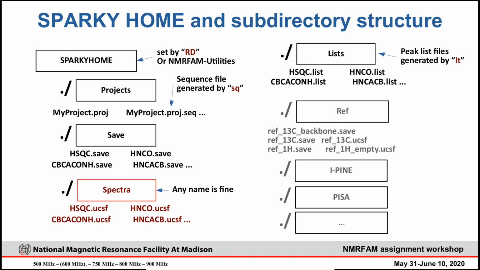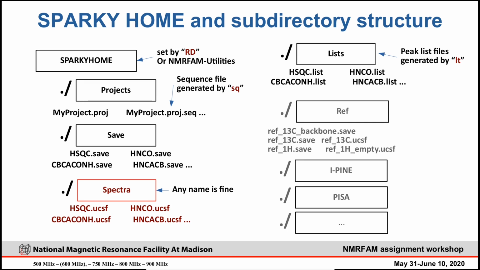First of all, you've got to know the Sparky home and subdirectory structure. You can set the working directory that you want to work on your project in, and then associated files will be under that working directory as subdirectories such as project, save, spectra, and so on.